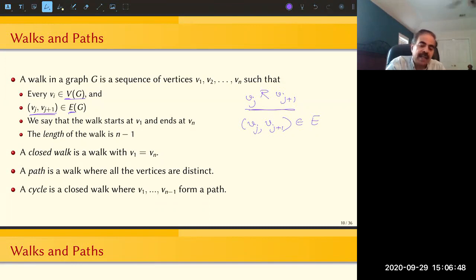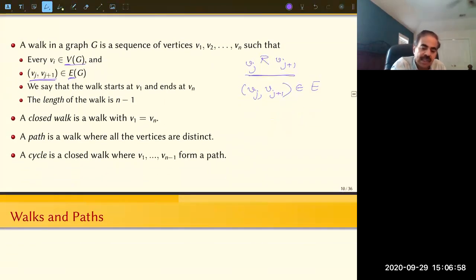And then once you have a graph representing a relation, then we can start defining operations on graphs. So if you have a graph, right?